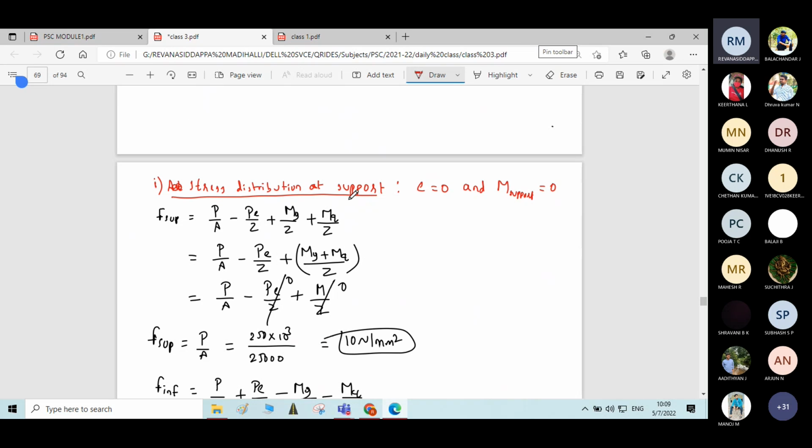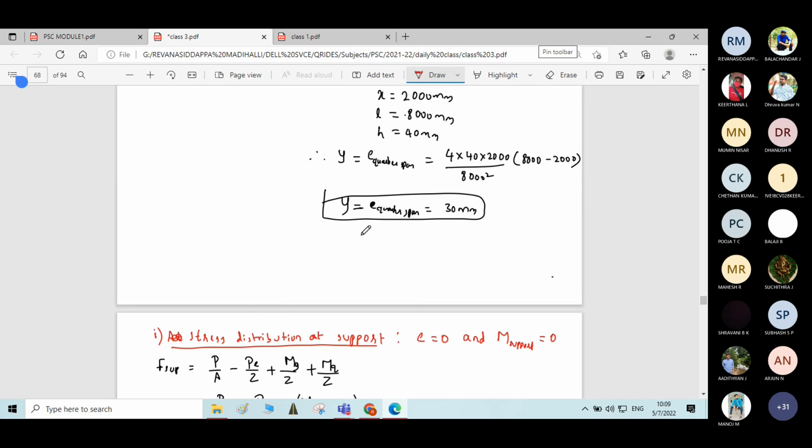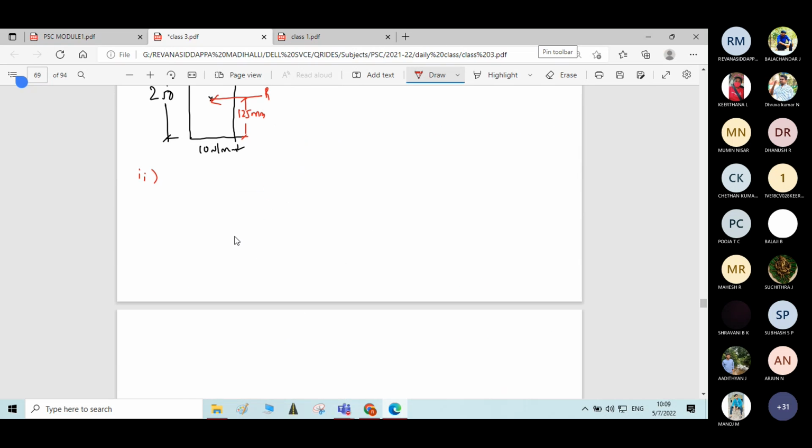Similarly, we have to find the stress distribution at quarter span, and we have to find the centroid. The second one, stress distribution at quarter span. First, note the eccentricity at quarter span.